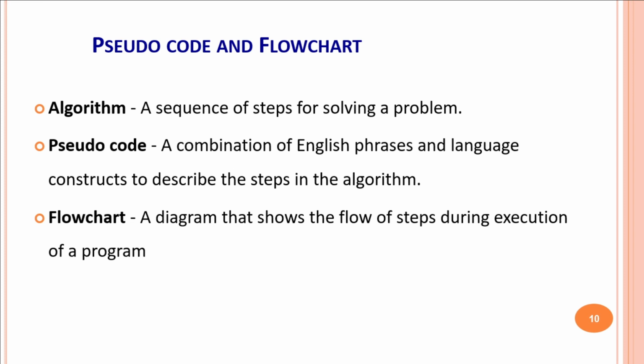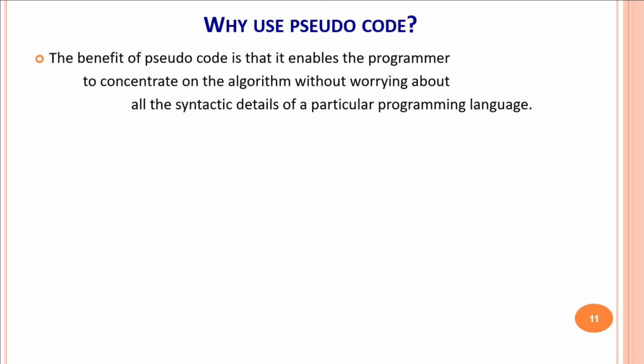So what is mentioned by pseudocode as an algorithm in textual form, flowchart gives in a diagrammatic form. Now the question comes, why should we use pseudocode? The benefit of using pseudocode is that it enables the programmer to concentrate mainly on the algorithm without worrying about all the syntactic details of a particular programming language.